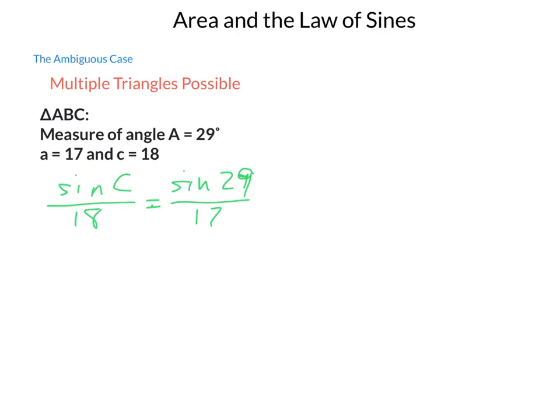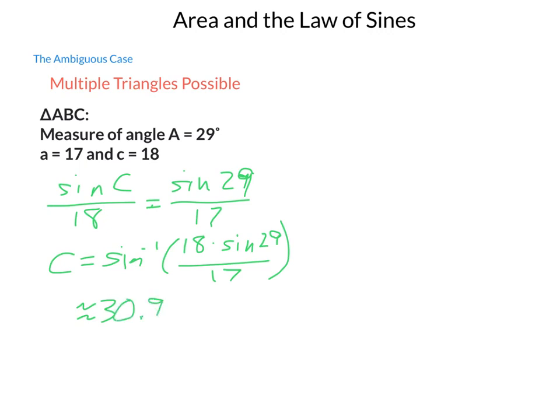And multiplying my 18 out of this denominator, and then taking the arc sine all in one shot, what I'm going to end up with is C is equal to the arc sine of 18 times the sine of 29 over 17. And when I run that through, I get C to be approximately 30.9 degrees.